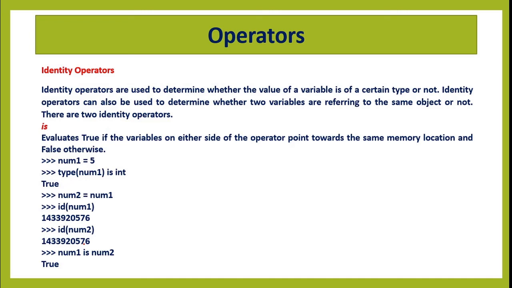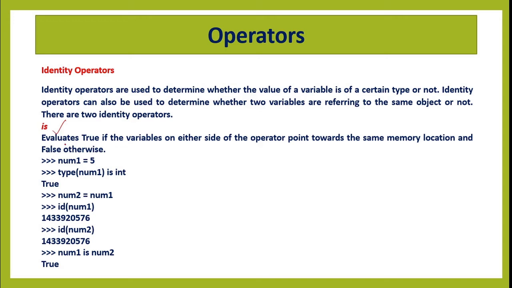The next one is identity operators. The identity operators are used to determine whether the value of a variable is certain type or not. So there are two operators available for identity. The first one is 'is'.